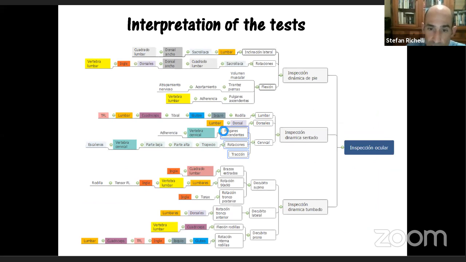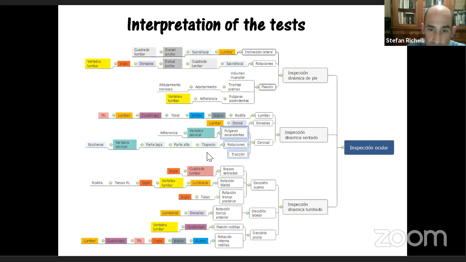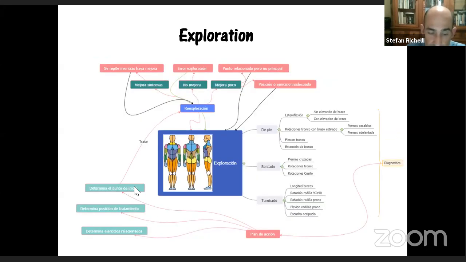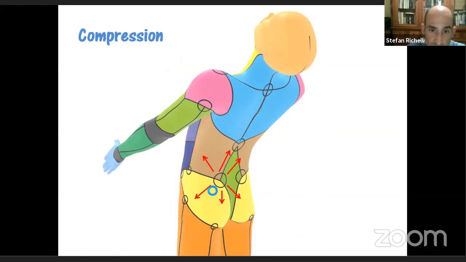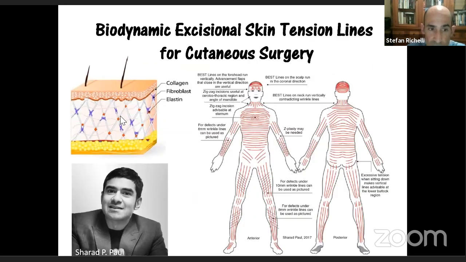Here you have discovered which area you have to treat, making all this examination. So you have your starting point. Once you have your starting point, the most restricted area, or the area that makes the biggest alteration of elasticity of movement in the body, you also know in which position you have this problem, because, as we said at the beginning, the skin and all the tissues have collagen, and the collagen fibers have different orientation depending on the movement and the position.